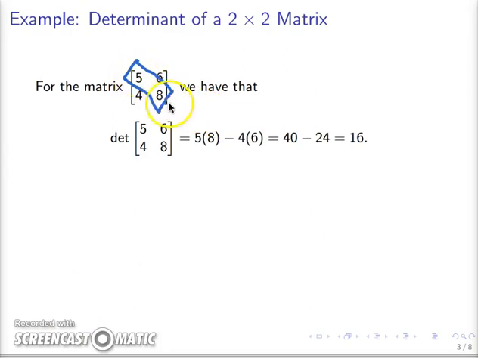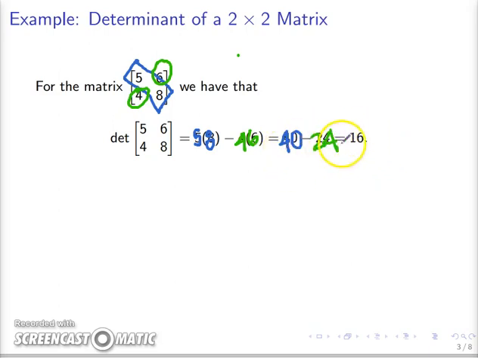In this illustration, we have on the diagonal elements 5 and 8, and the product of 5 multiplied by 8 leads to the number 40, whereas the numbers off the diagonal are 4 and 6, which multiply to give 24.